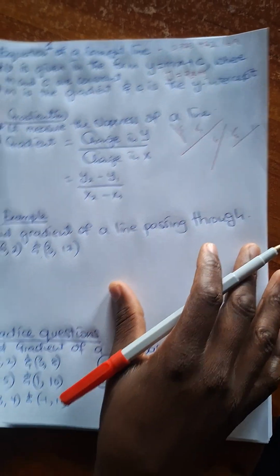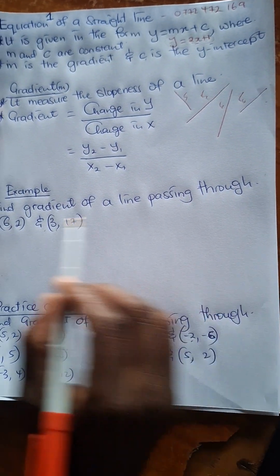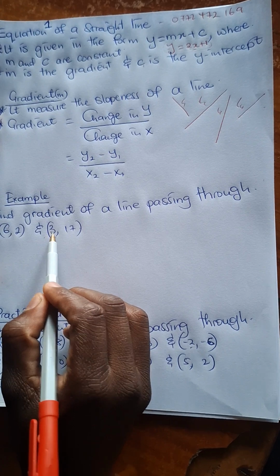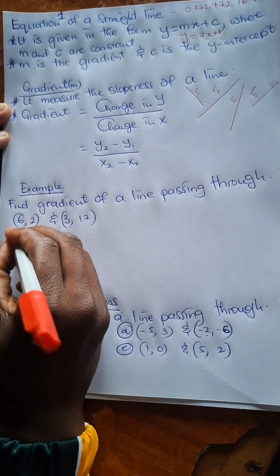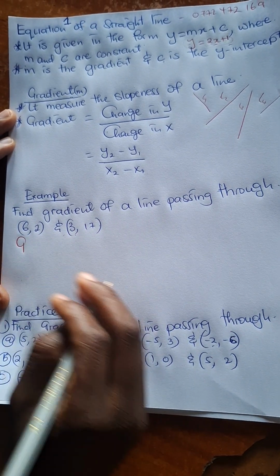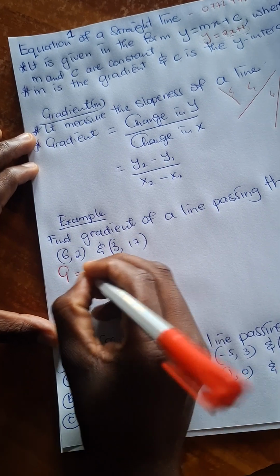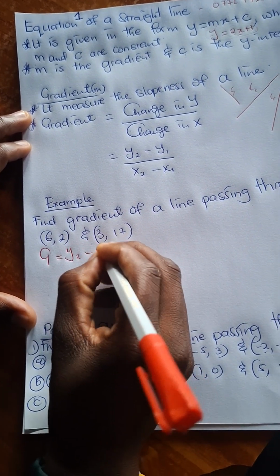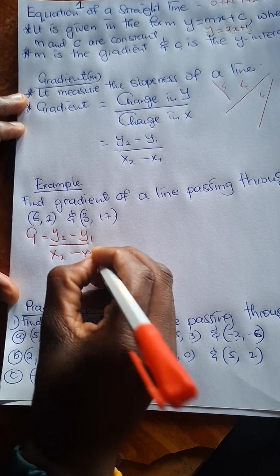So now we are having an example, right? Find the gradient of a line passing through 6, 2 and 3, 17, right? So you should do gradient yedu isusu. Our gradient is equal to y2 minus y1 over x2 minus x1.